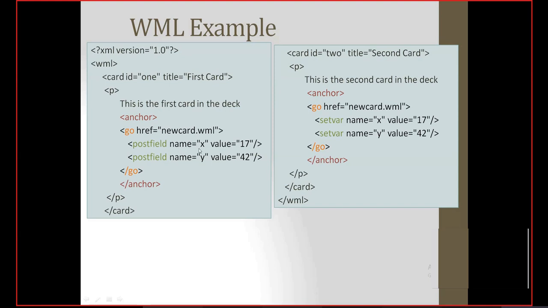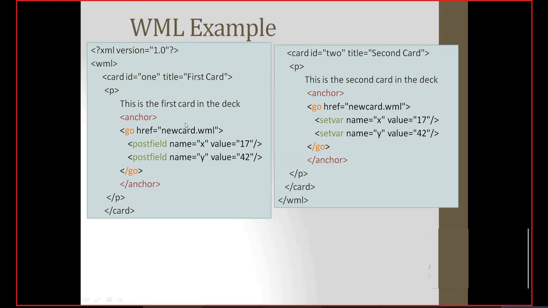So we are sending two parameters x and y and their respective values 17 and 42, for example. Understood? So from the first card we are navigating and we are sending parameters by using the postfield attribute.